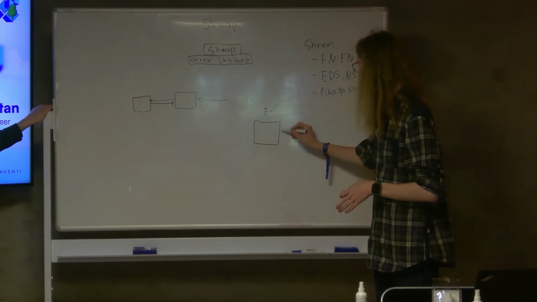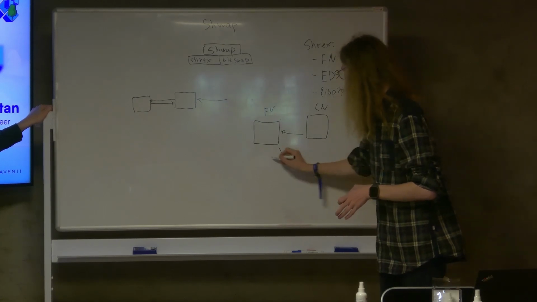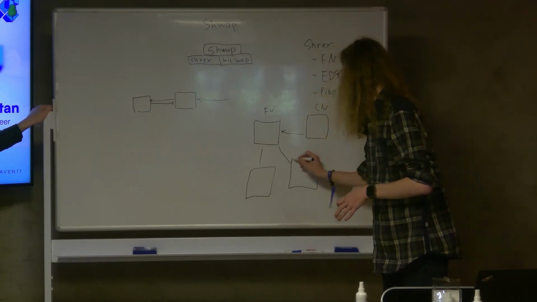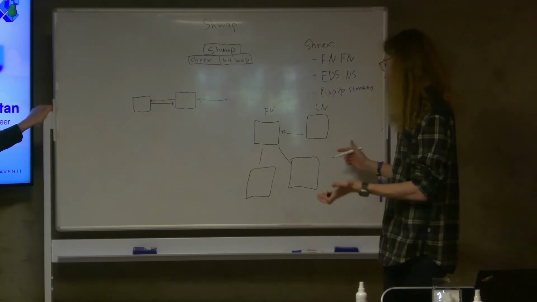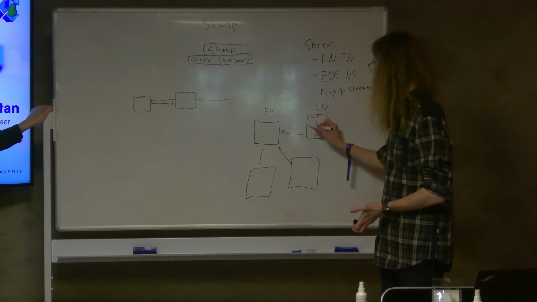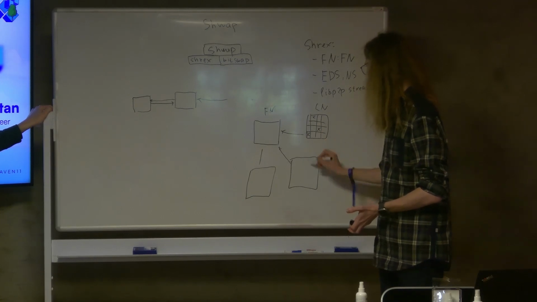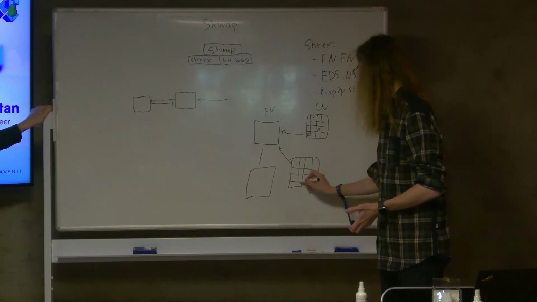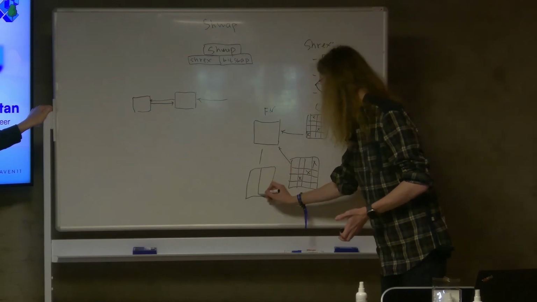For example, this will be the full node. It's connected to some light nodes. And each light node has several samples. In our previous example, it had 16, so we can just draw a few random samples like this. And this one has other different samples like this. And this one also had a few.